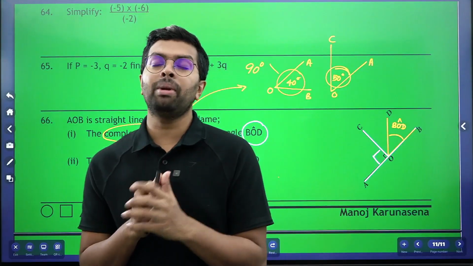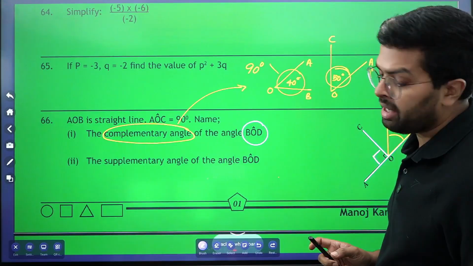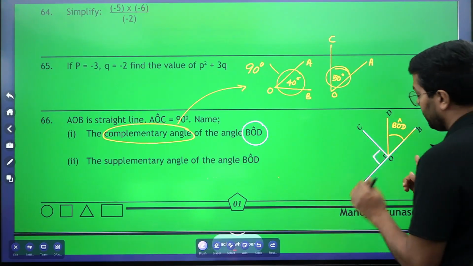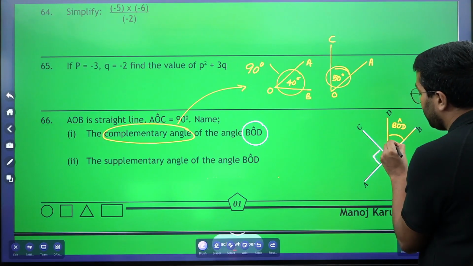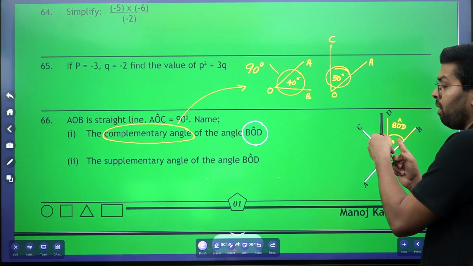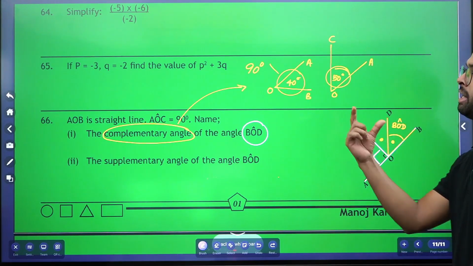So the complementary angle of BOD, right? The sum of this particular angle and this particular angle should be equal to 90 degrees.